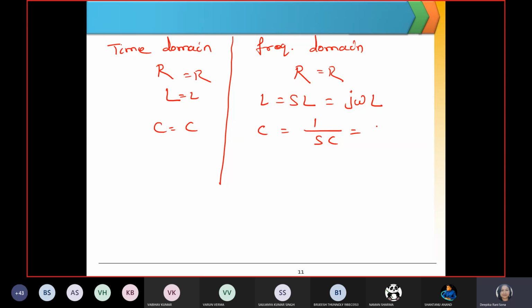We have learned S equal to J omega, so this represents 1 by J omega C. What is omega? Omega equal to 2 pi f. So this can be represented as 1 by J 2 pi fC.